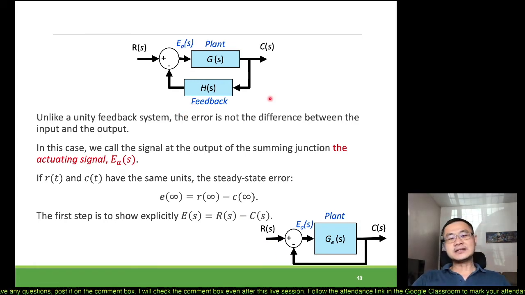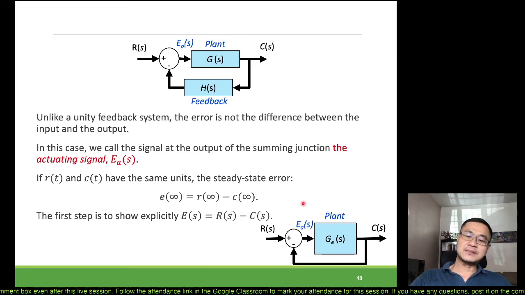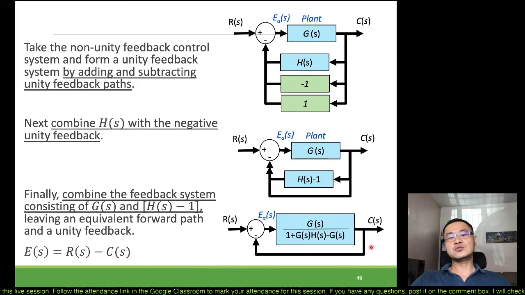Our intention here is to convert this non-unity feedback system into a unity feedback system. How we can do that is we introduce two additional feedback paths, one with a gain of -1 and another with a gain of 1.